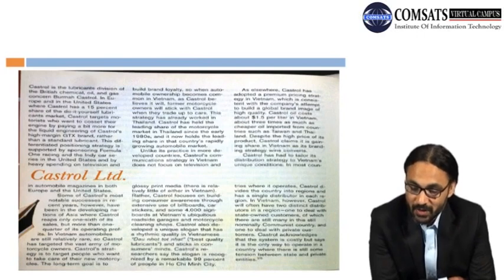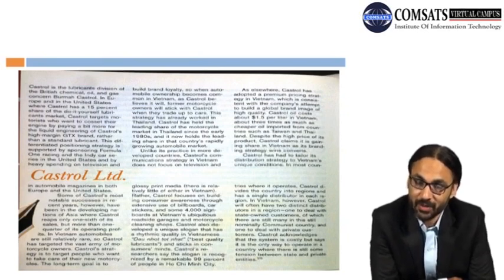As elsewhere, Castrol has adopted a premium pricing strategy in Vietnam, which is consistent with the company's attempt to build a global brand image of high quality. They are charging a little bit more because of the brand name and the image of high quality.